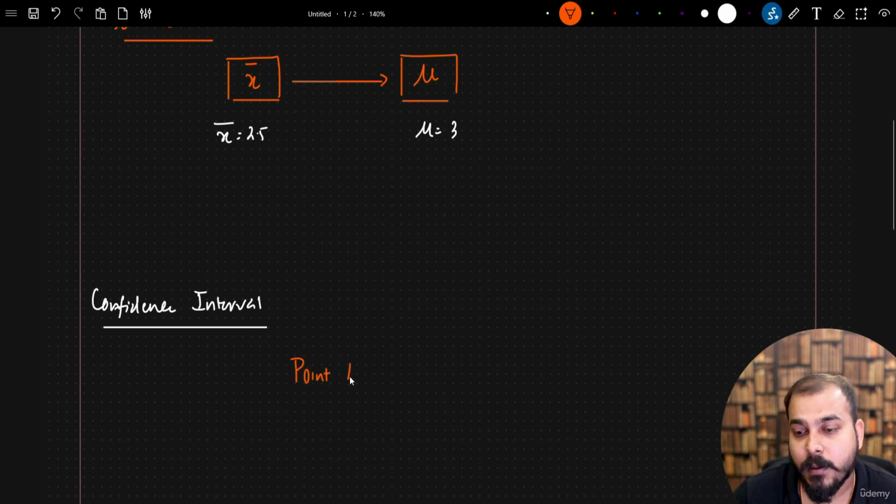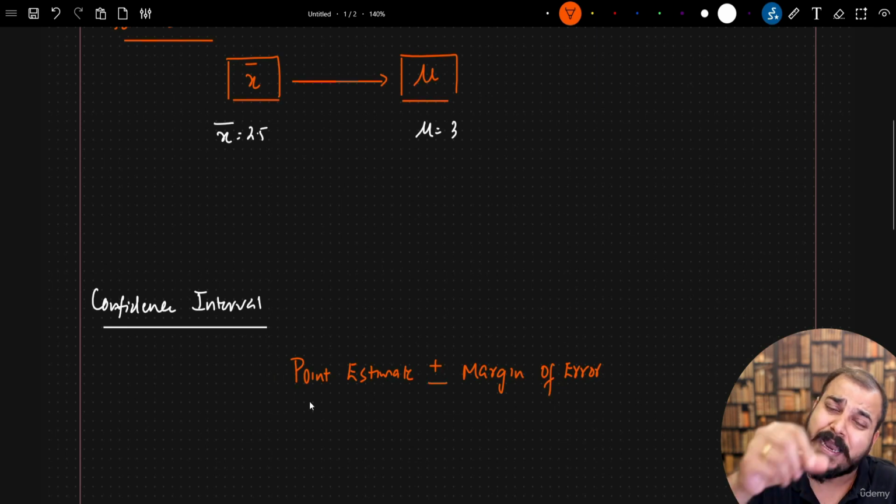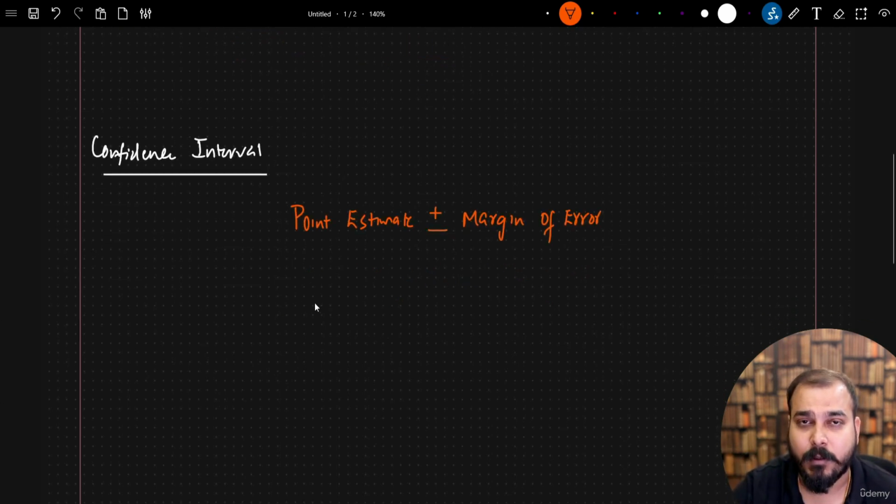The formula is point estimate plus or minus margin of error. Because we know that our point estimate will obviously be a little bit less, or it can also be more, or it can be approximately equal to the population mean. So for defining the confidence interval, we will specifically use this particular formula.